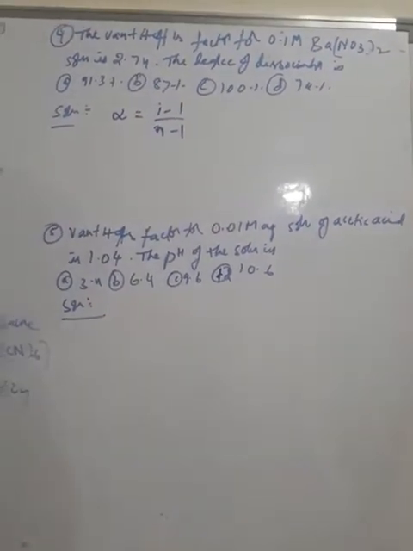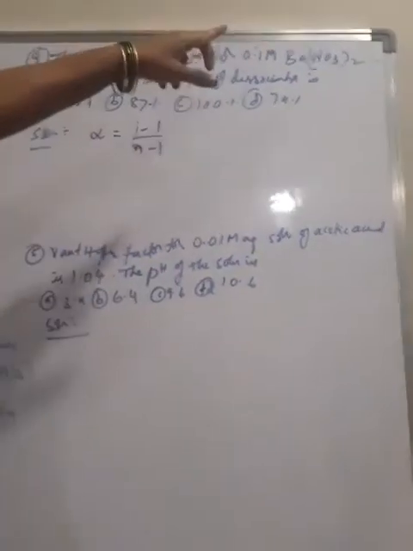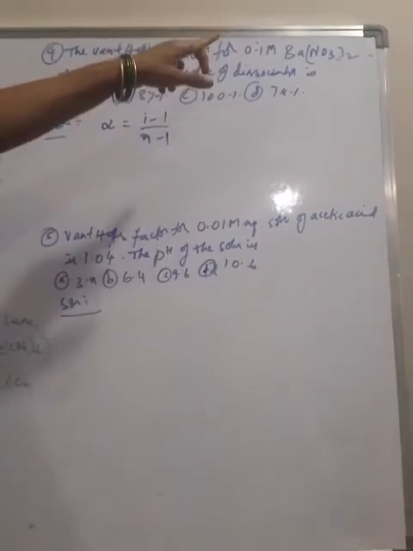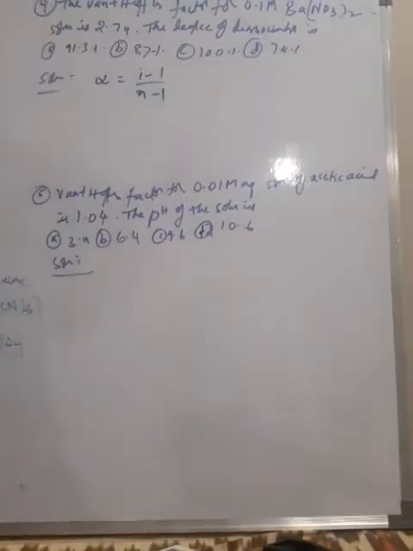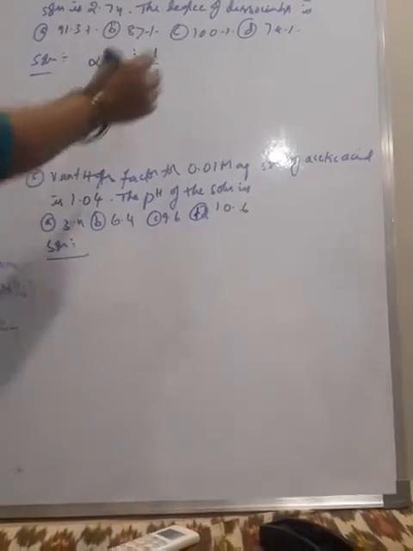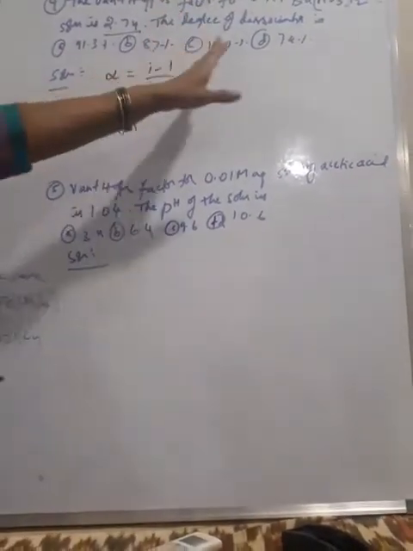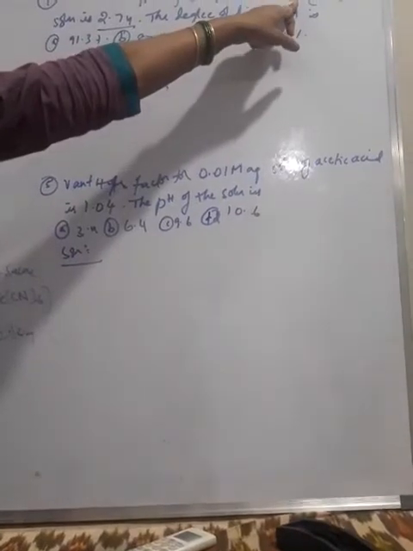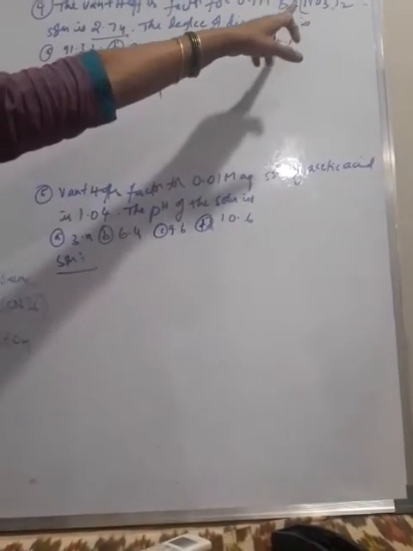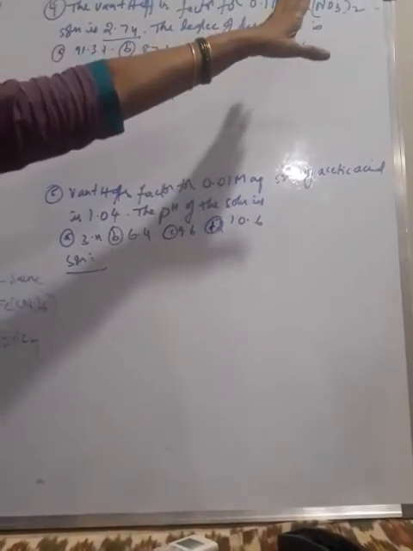Here n indicates the number of ions present in that substance. What is i value here? 2.74. And number of ions, barium nitrate having 3 ions: 1 Ba2+ ion and 2 nitrate ions, NO3-. So total number of ions are 3.